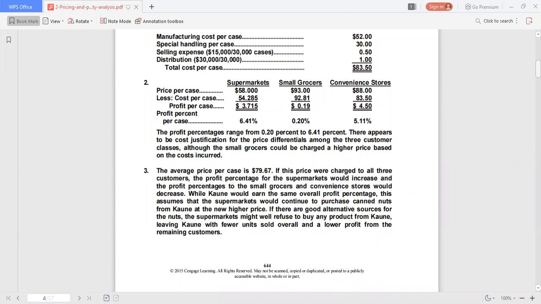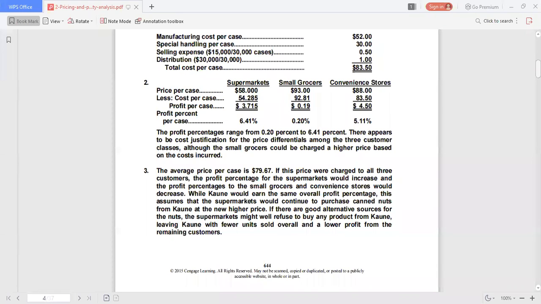Number 4, using variable costing. Now again, if you can recall, in chapter 10 of Vanderbeek, we have already taken up absorption costing and variable costing. So meaning here, it's merely a repetition.